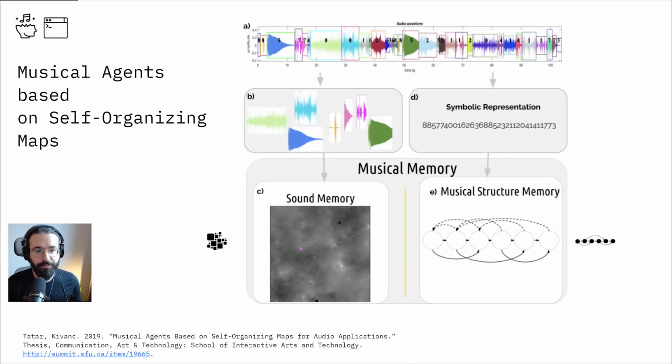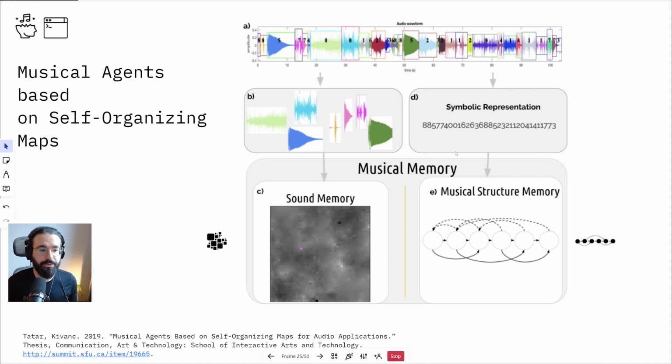Those higher level features were part of a system that I created titled Musical Agents Based on Self-Organizing Maps. And there's quite a lot happening in this architecture. Without going into too much detail, I would like to give a brief overview of how it works.